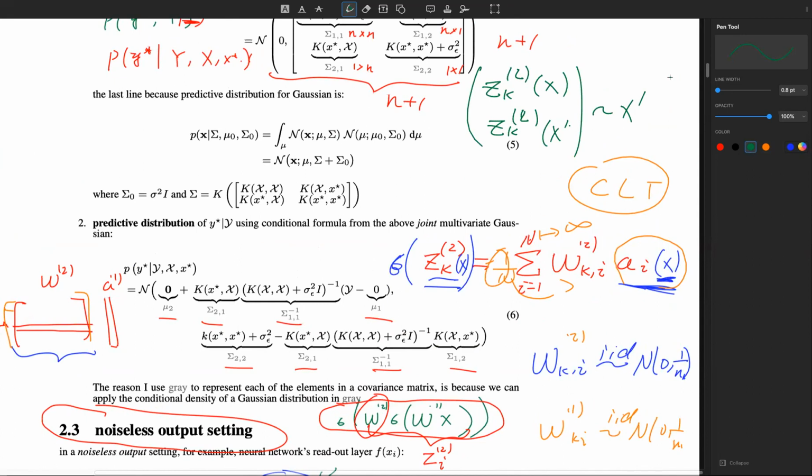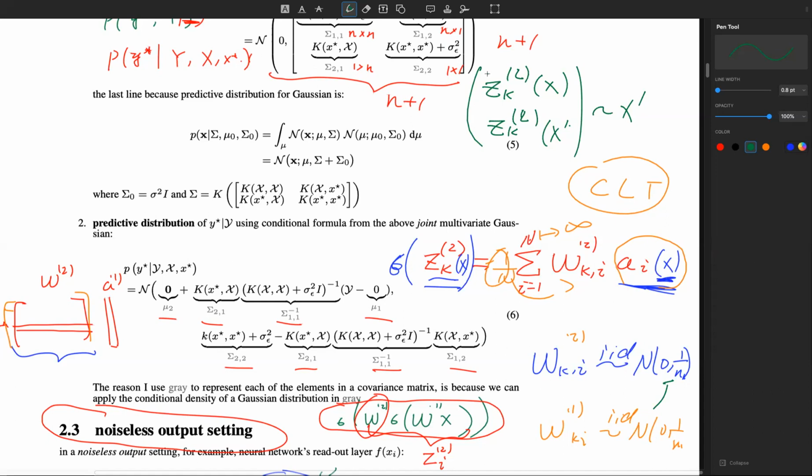So basically, people have proved that if you initialize your neural network in what we call the LeCun initialization, which means zero mean and your standard deviation is 1 over the width of your network, and then you allow the width of the neural net weights to become infinite, you are going to get yourself a Gaussian process.